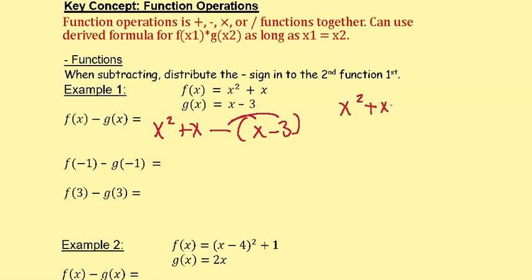X squared plus x minus x plus 3. And then you end up with x squared plus 3. The x's cancel out. Now f of negative 1 minus g of negative 1. So wherever we see an x, we're going to now replace it with negative 1 with parentheses.